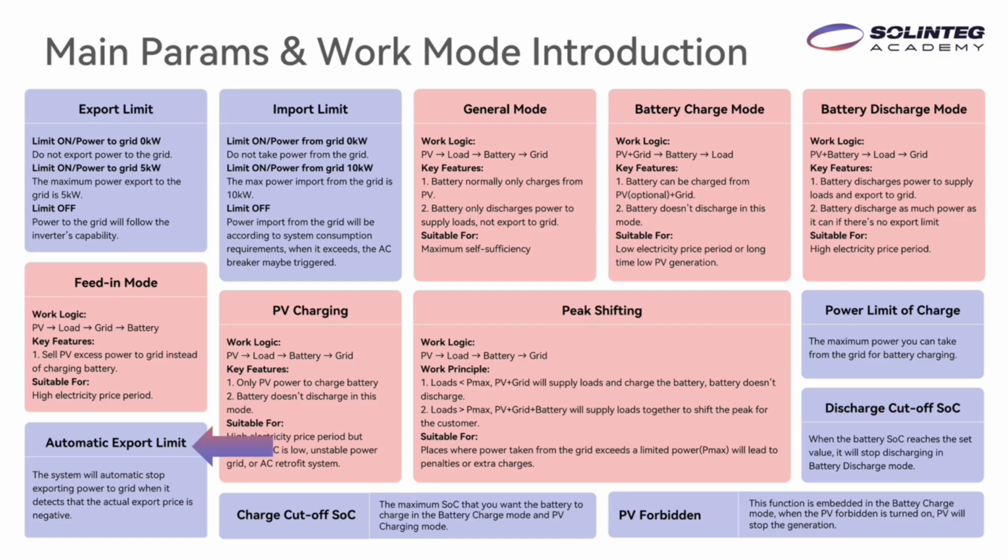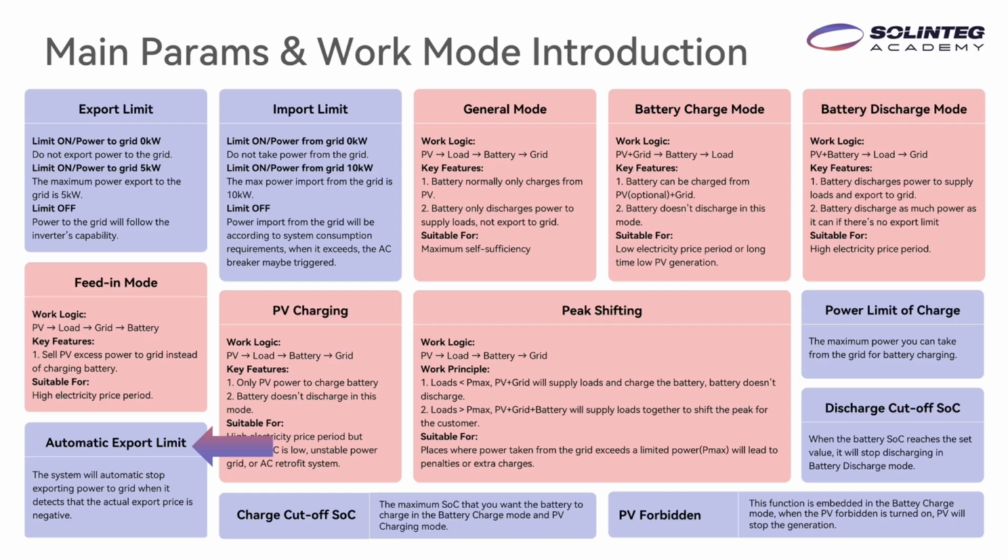And the next parameter is the automatic export limit. This is a function we just updated recently. It is for situations where we meet a negative electricity price. In this case, there is already too much power in the grid, and the grid hopes that all users can take some power from the grid to use in their house, and the users can get some credits by taking the power.